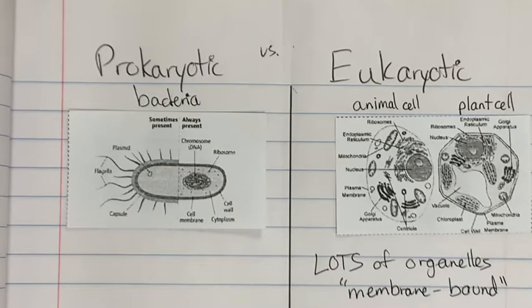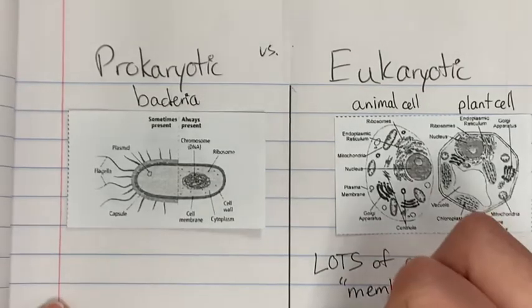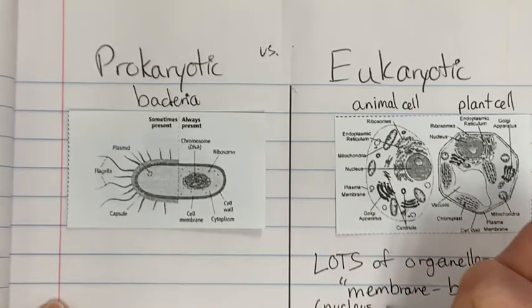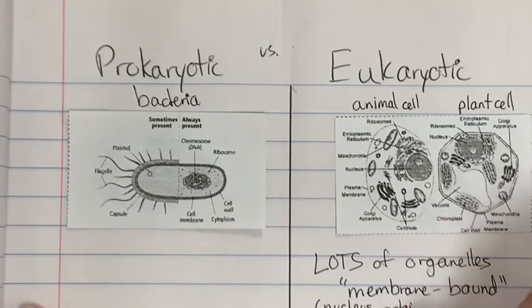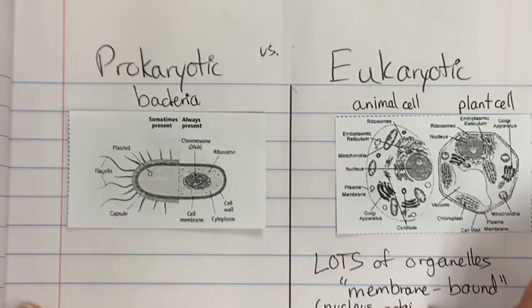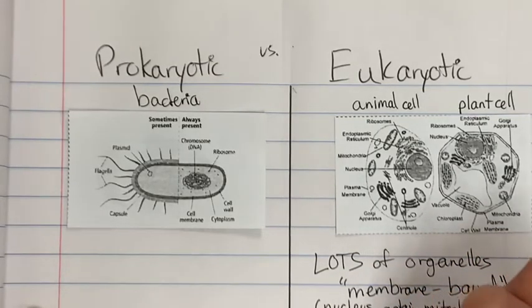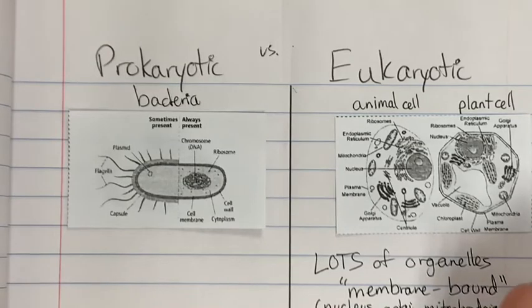All right, so we're talking about the nucleus. We're talking about the Golgi. We're talking about the mitochondria. In plants, we're talking about the chloroplast. We're talking about vacuoles, etc. Okay?